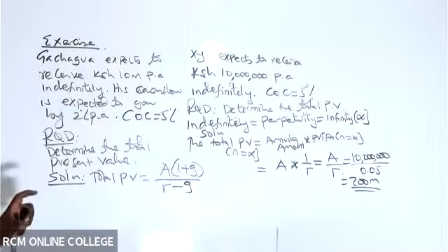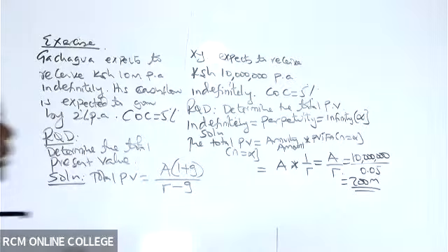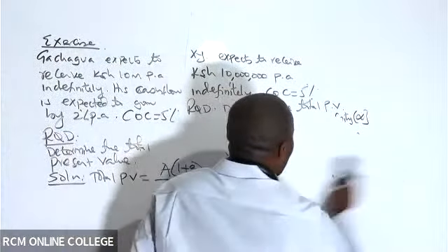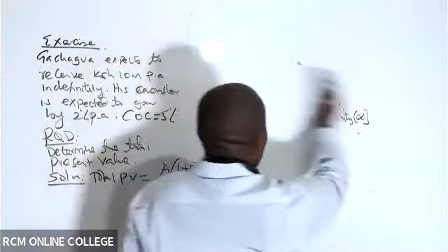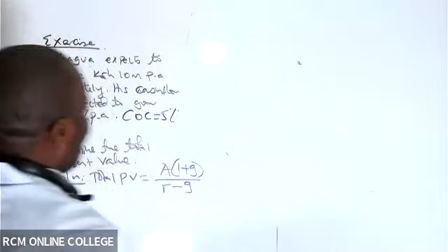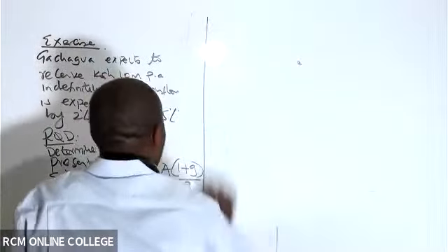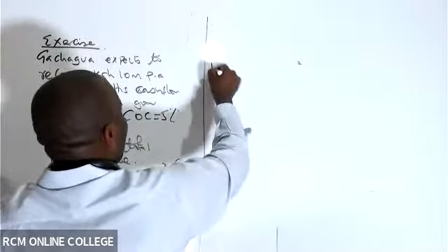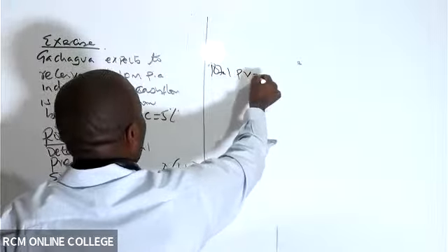The amount up there will grow with that 1 plus g, and down in the return there's an adjustment that so many people forget: you take away the g, the growth rate, from the r. So here is my total present value.